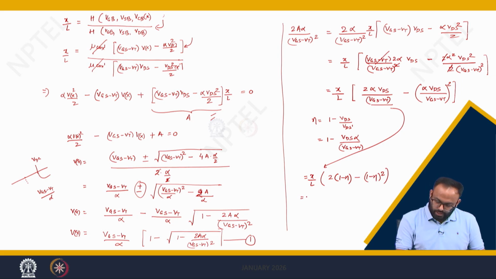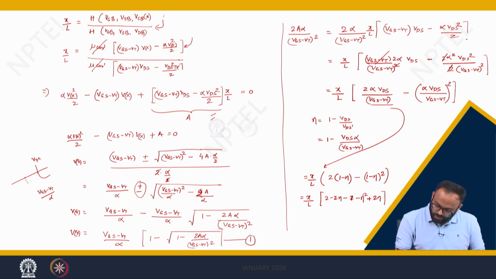So you solve further, x by L into 2 minus 2 eta minus (1 minus eta) square, this will be 1 minus eta square, yes, then minus and minus plus 2 eta, correct.